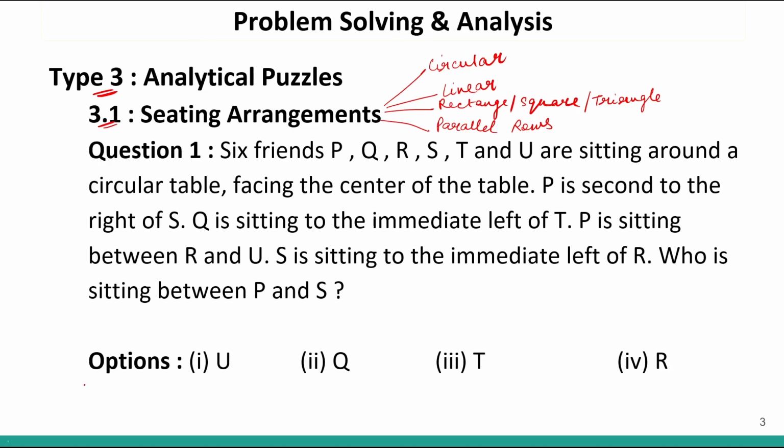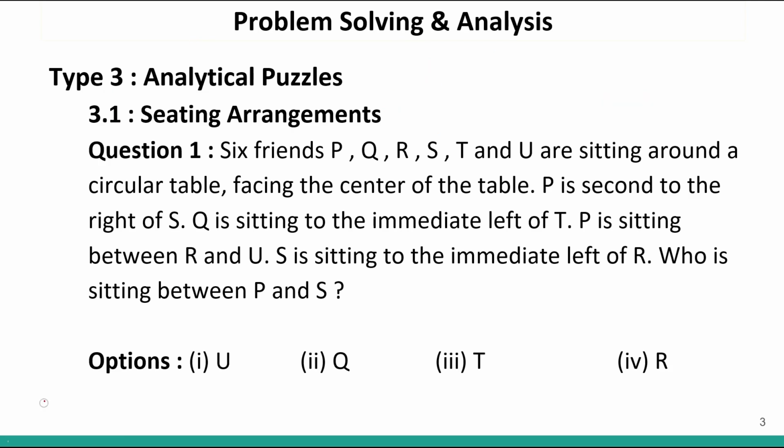So today we are given a question. Let us solve this. Now, 6 friends are sitting around a circular table. So circular table, 6 friends, 1, 2, 3, 4, 5, 6. We assume that they are sitting equidistant.